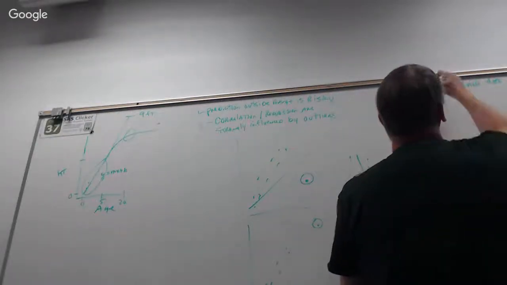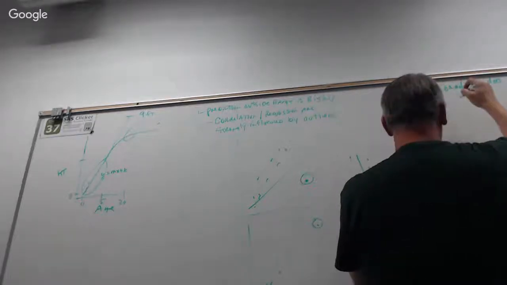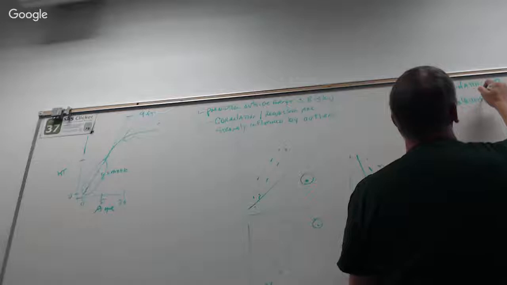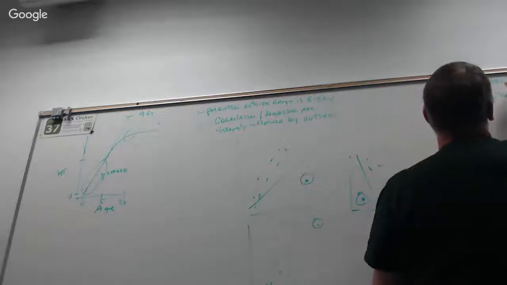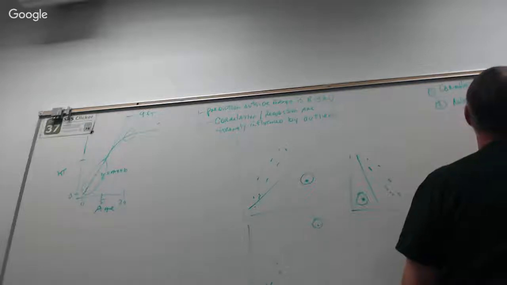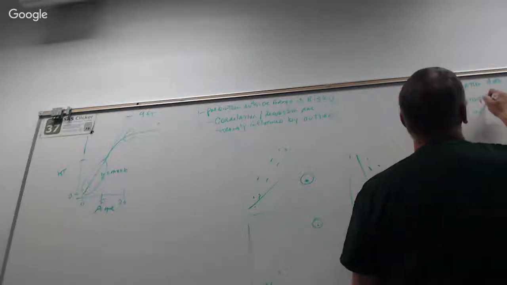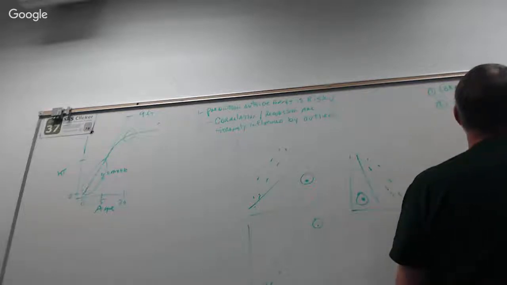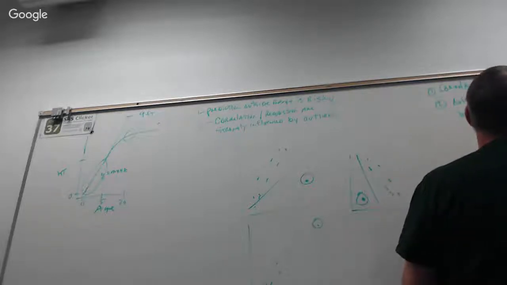Number 2, the relationship between 2 variables can be influenced by lurking variables.